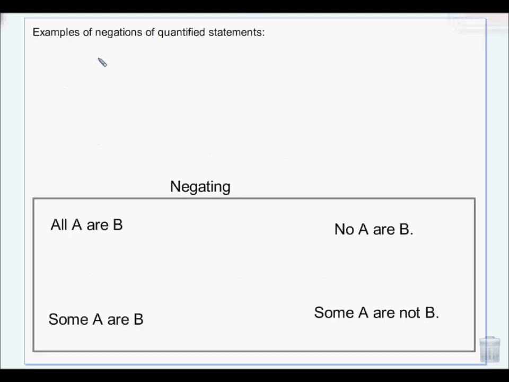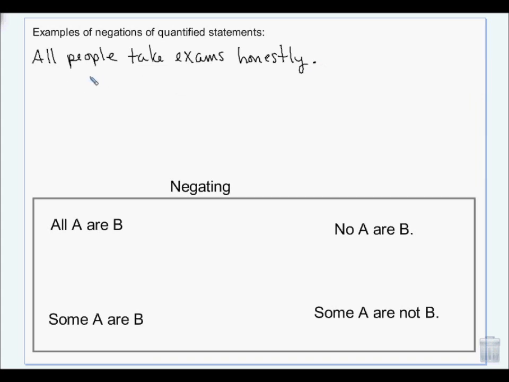All right, examples. If my statement is all A are B, actually, you know what? We're not going to do that because you guys just wrote that on the other page. Don't write that. Okay, we're going to skip just to this example. So if I say all people take exams honestly, now, of course, we'd like this to be true.